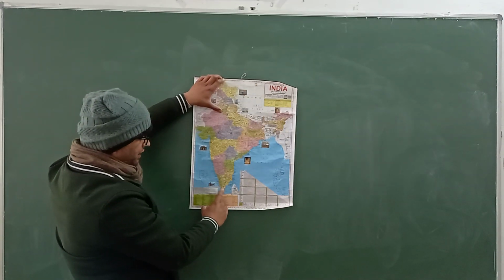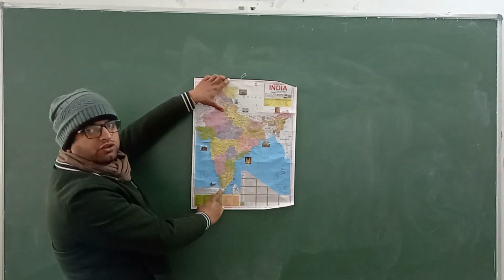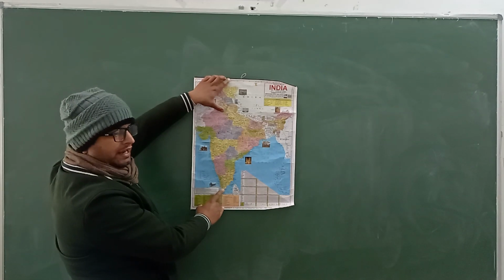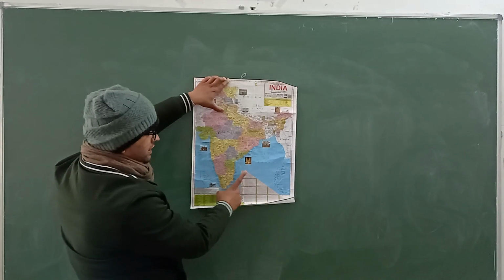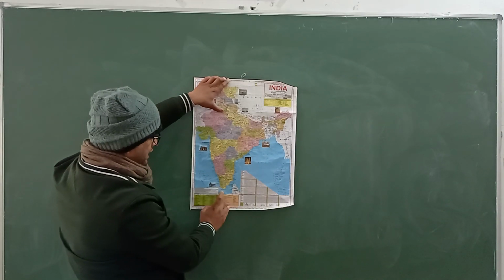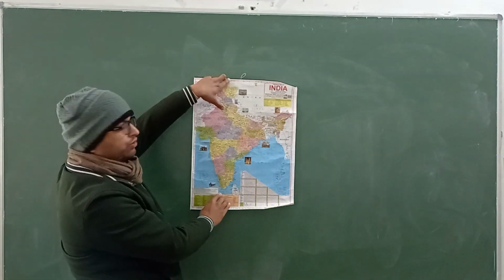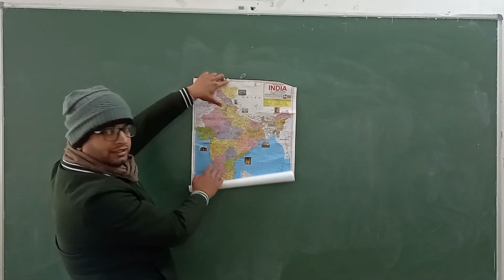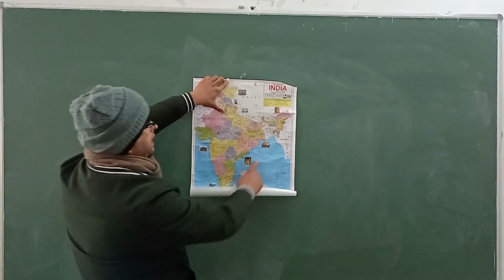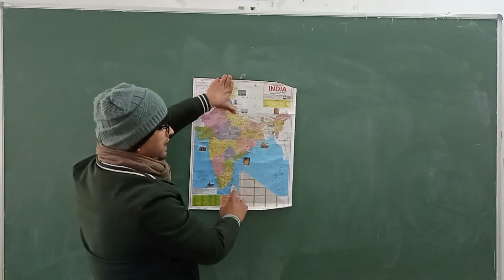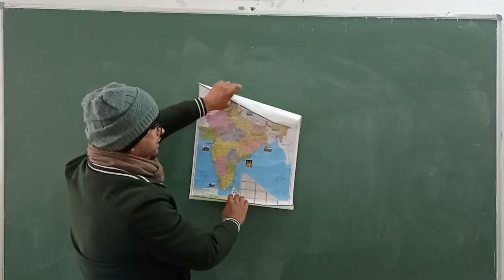The southern part is near Kanyakumari, which forms a triangular base with the Arabian Sea in the west, Bay of Bengal in the east and Indian Ocean in the south. We have Gujarat as the westernmost state of India and Arunachal Pradesh on the easternmost side.